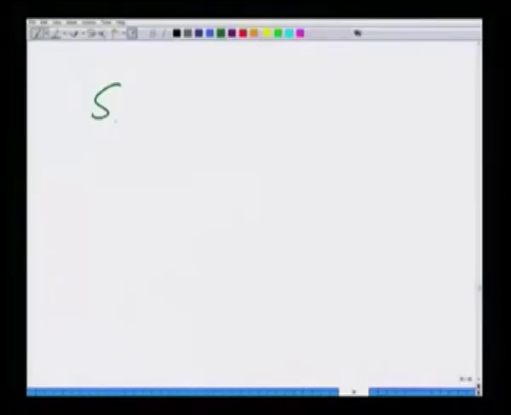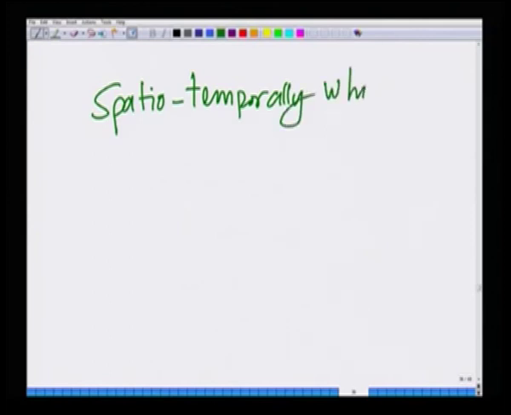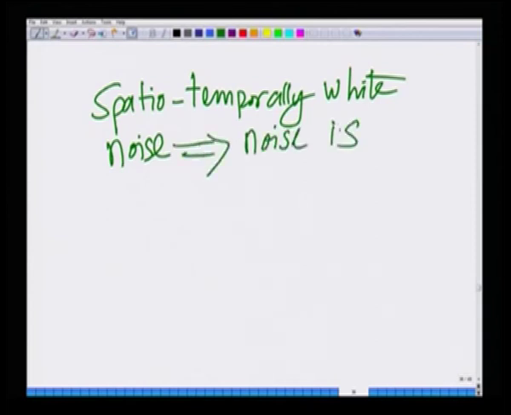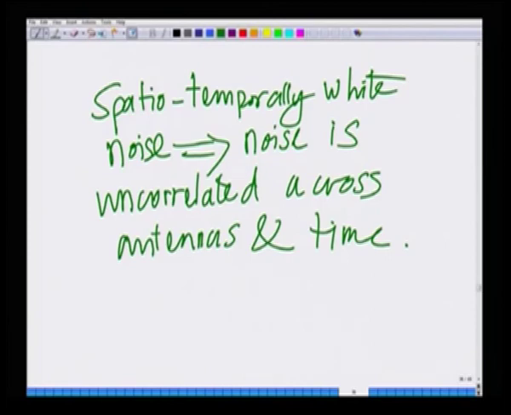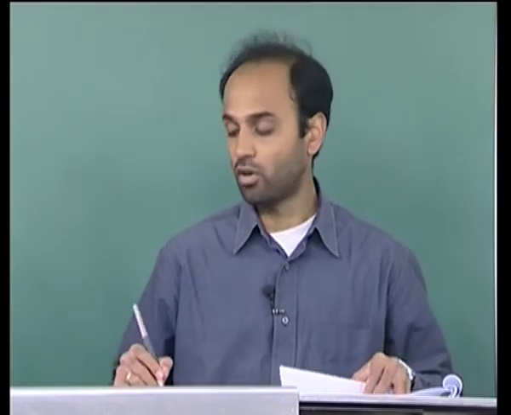So, spatio-temporally white noise implies noise is uncorrelated across antennas and time, which has a covariance of sigma n square.